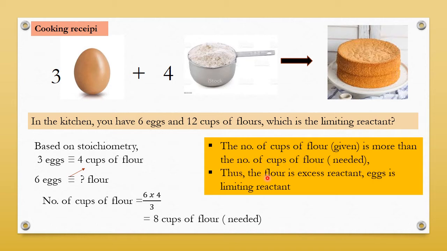So the flour is the excess reactant and the eggs are the limiting reactant. At the end of the reaction, if I use 6 eggs, I will need 8 cups of flour, so there will be 4 cups of flour leftover. So flour is the excess reactant and eggs are the limiting reactant.